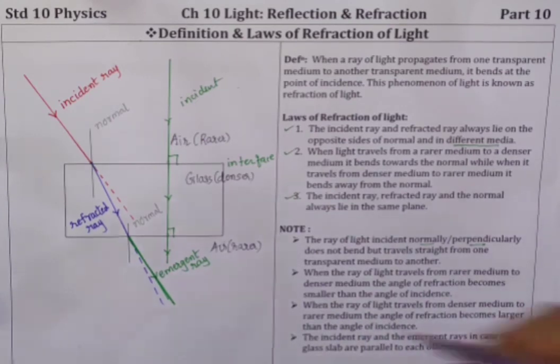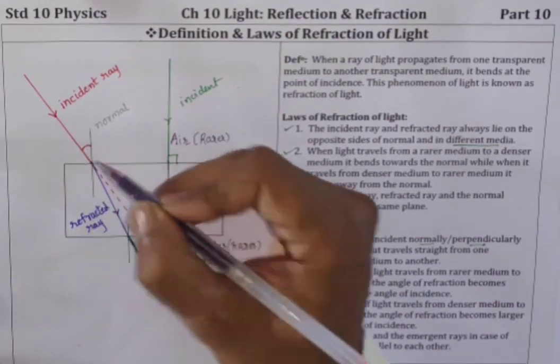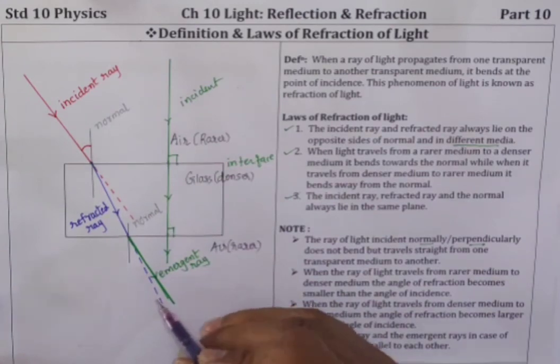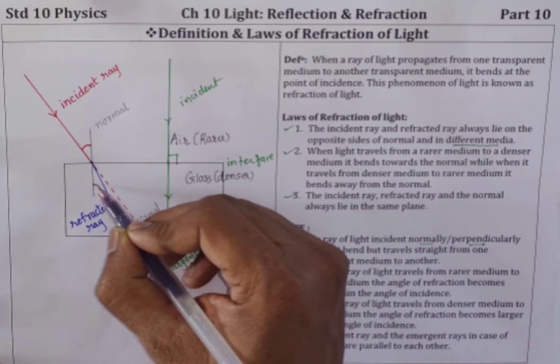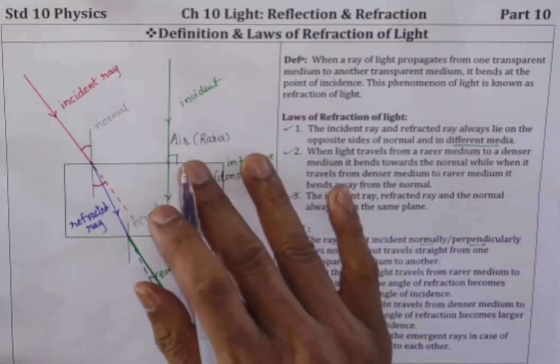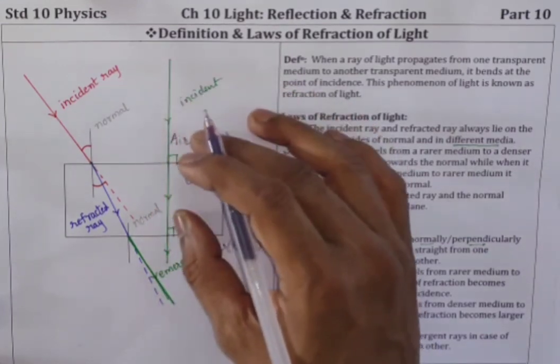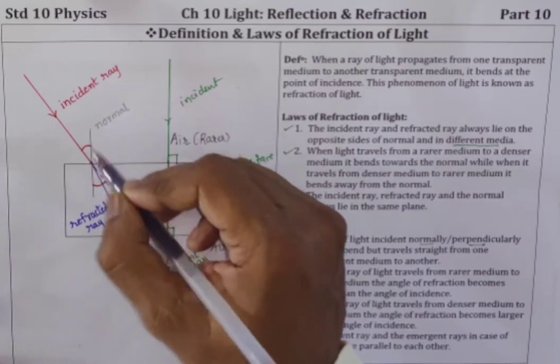Children, now look here. The angle between the normal and the incident ray is the angle of incidence, and the angle between this normal and the dotted line, if it doesn't bend in absence of media, if there are no two different media, then it would have traveled straight. Then these are vertically opposite angles, correct?